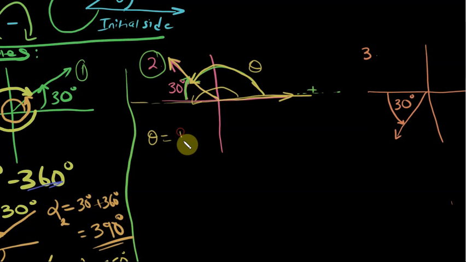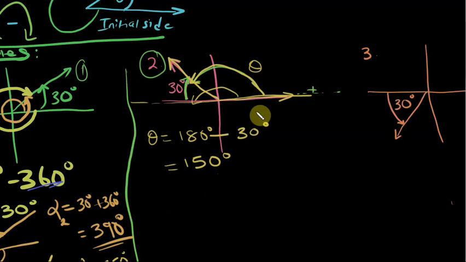That would be 180 degrees minus 30 degrees, which will give us 150 degrees.